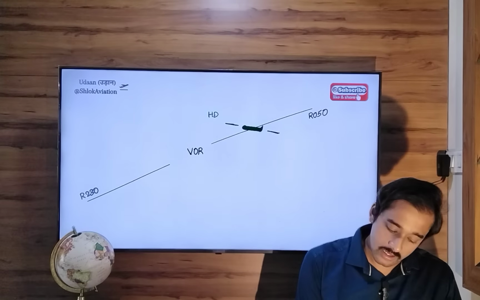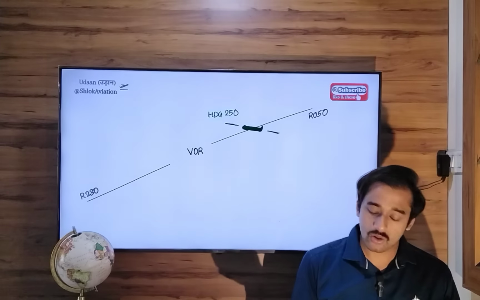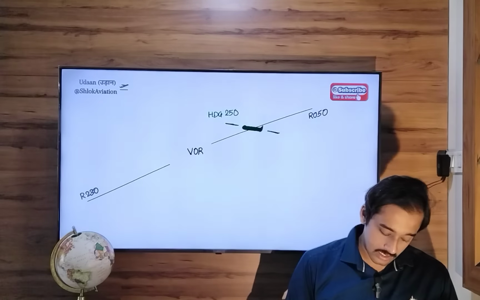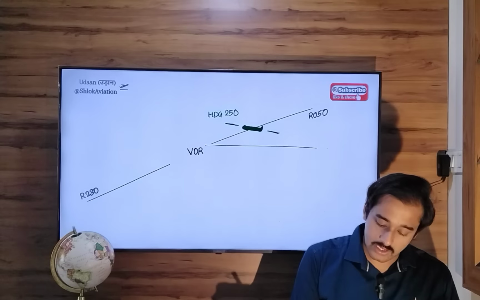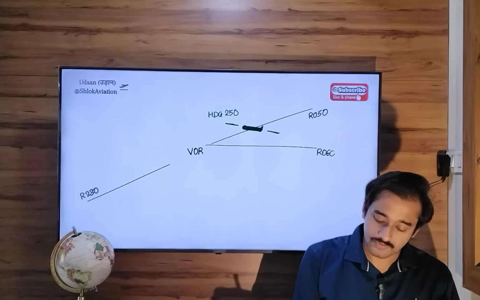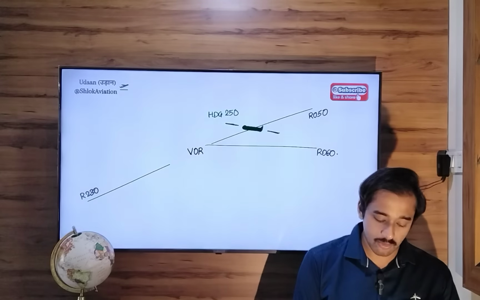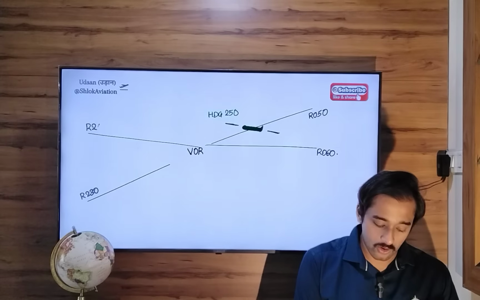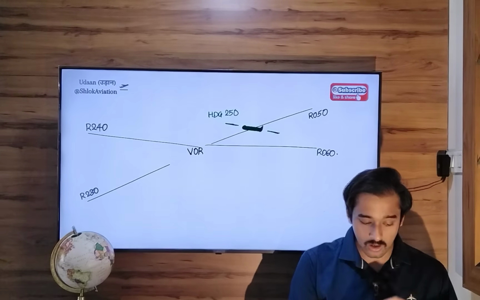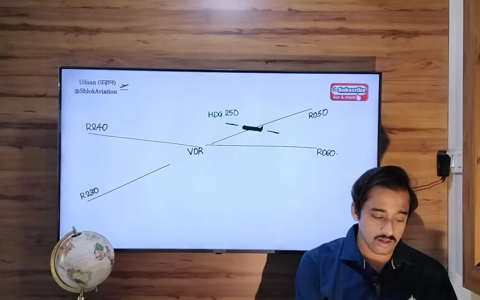Now the course that is selected by the pilot is 060, the reciprocal of which is 240.